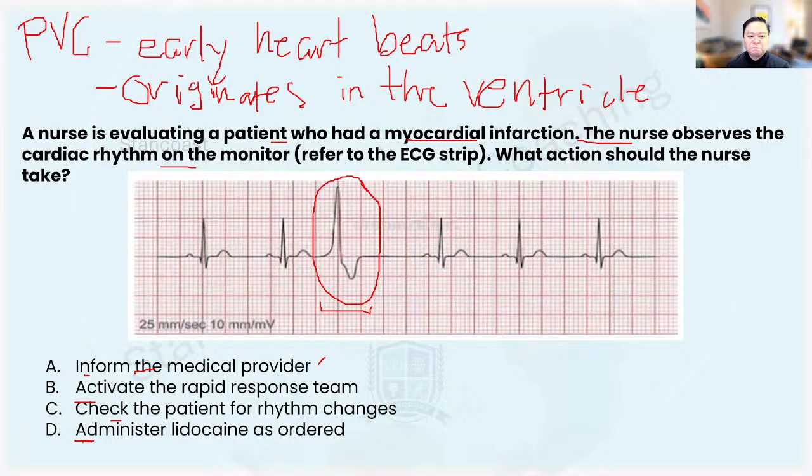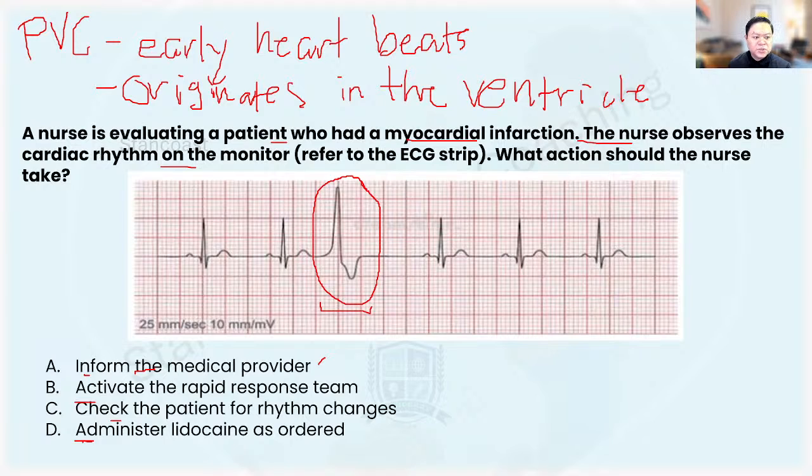That is the simplest definition of PVC. It is an abnormal appearance of that early heartbeat, coming from the ventricles. It occurs before the regular heartbeat, and it will cause disruption in the normal rhythm. And also it will cause some problems later on.